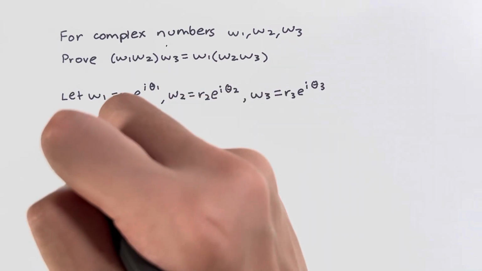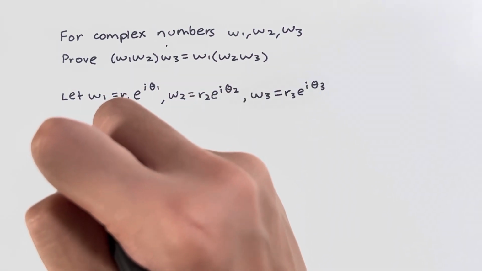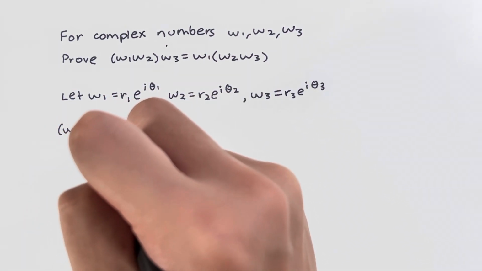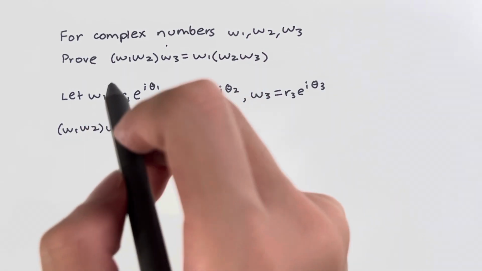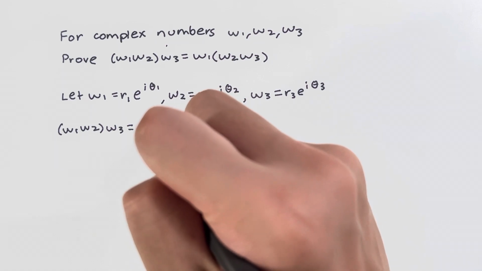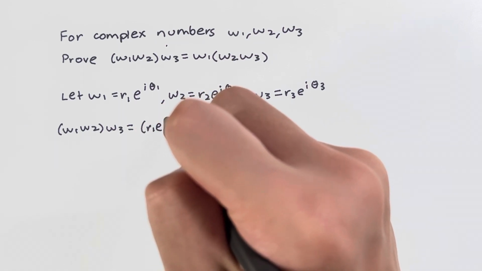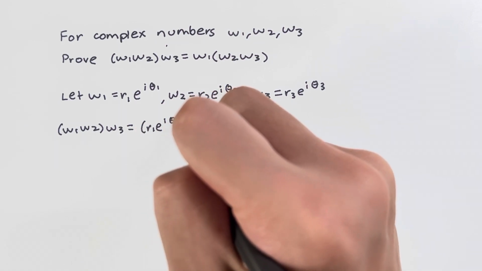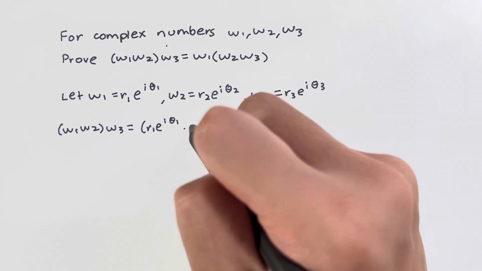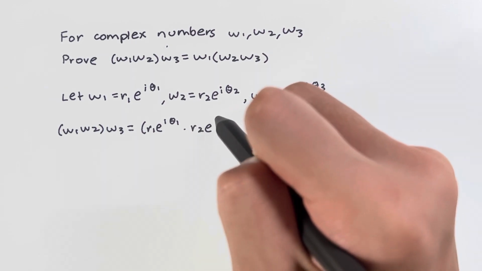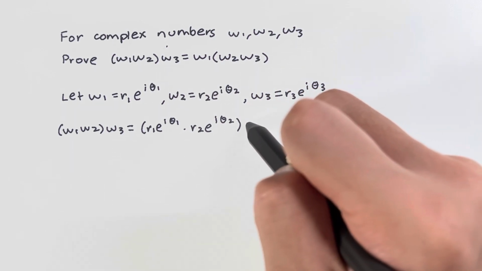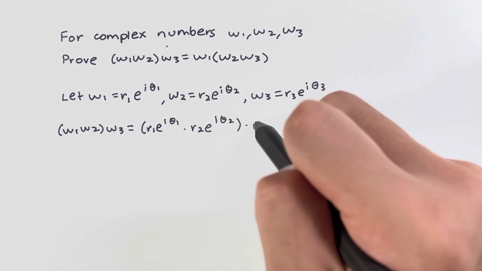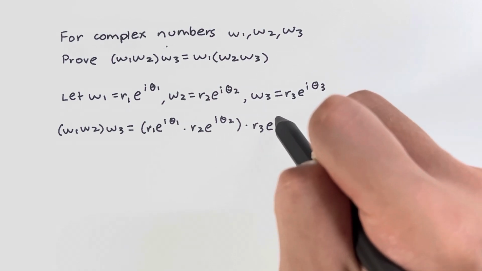Then we have (W1 times W2) times W3 equals R1 e to the power of i theta 1 times R2 e to the power of i theta 2, times R3 e to the power of i theta 3.